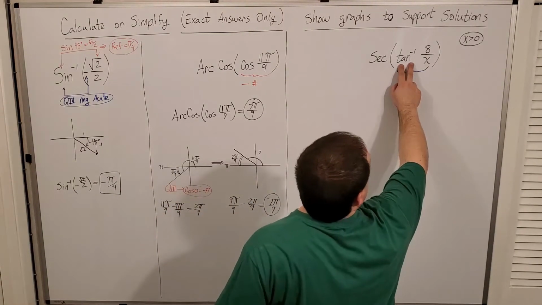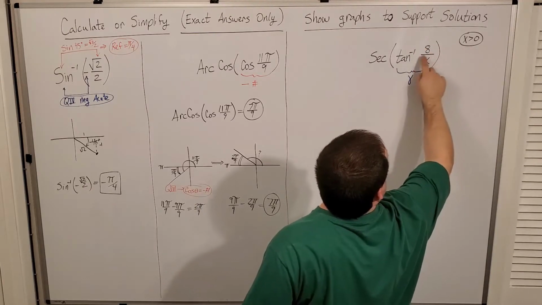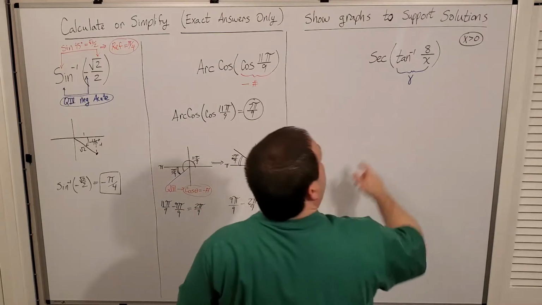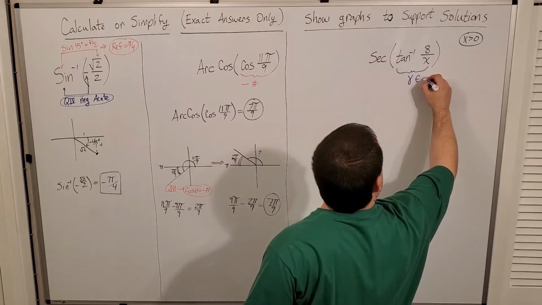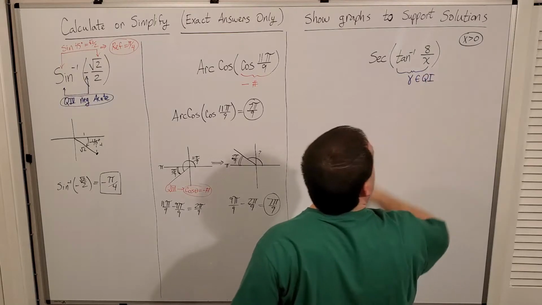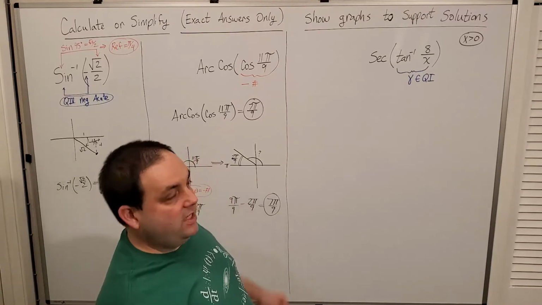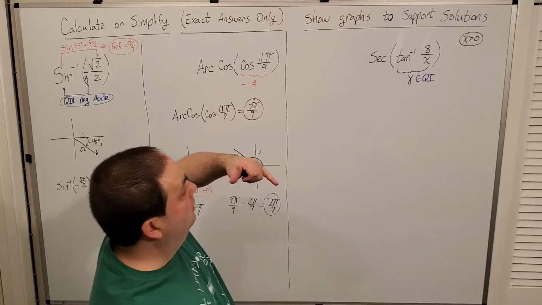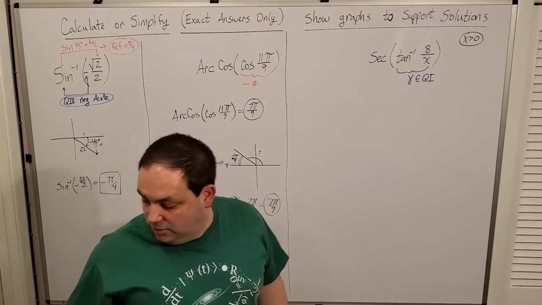It's going to be an inverse tangent of a positive number because 8 is positive and x, we said, was positive. So that means that gamma must exist in quadrant 1. Inverse tangent only does quadrants 4 and 1, and when it's positive, it's a quadrant 1 answer.